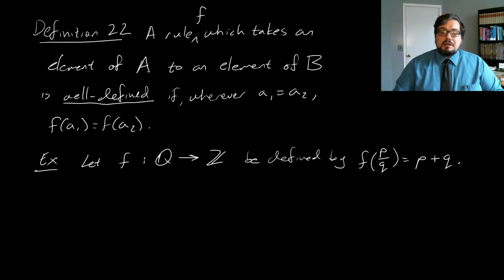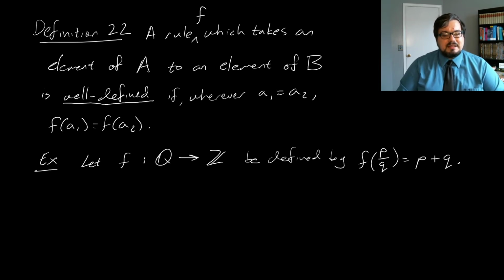Now, every rational number can be written in the form p over q, and so if I have a rational number written in the form p over q, I can apply this rule F to it to get an integer p plus q over here.